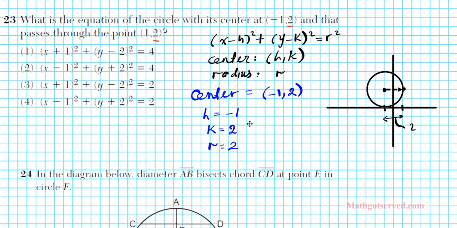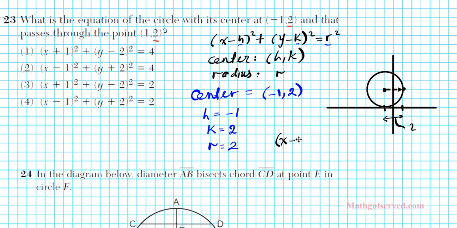Now that we have h, k, and r, we're simply going to plug them into this equation, and that will be the equation of our circle. Okay, let's go ahead and do that. So we're going to have x minus, now this is a very important tip. Anytime any of these numbers are negative, please do not just put them here without the sign.